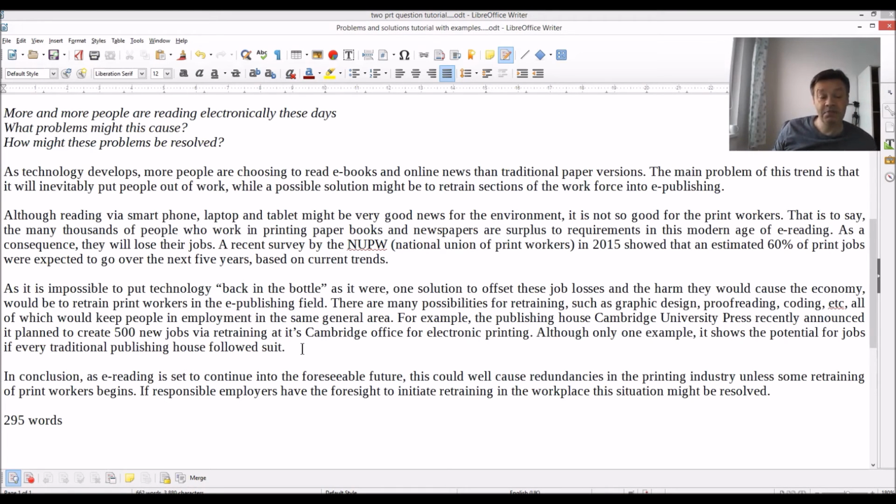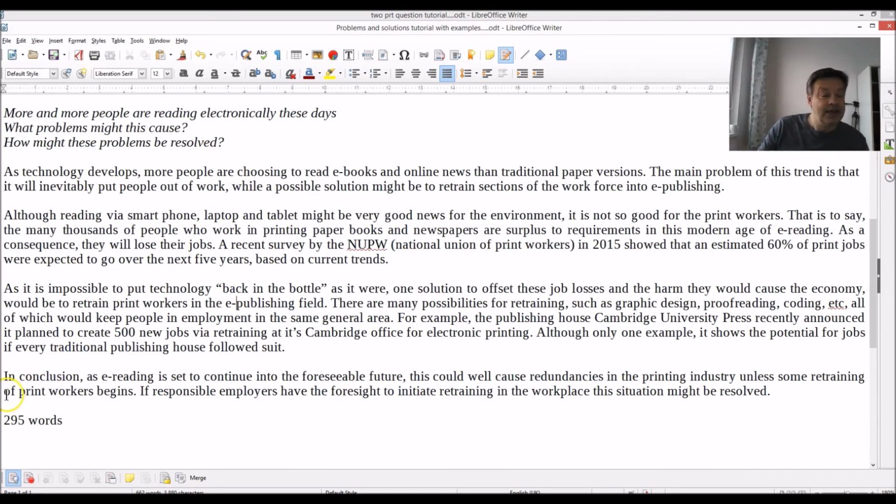So, there we go. One solution to fix the job losses: retrain the print workers in the same area, but in graphics, proofreading, coding, so they can still work in the publishing field, but just not in paper.